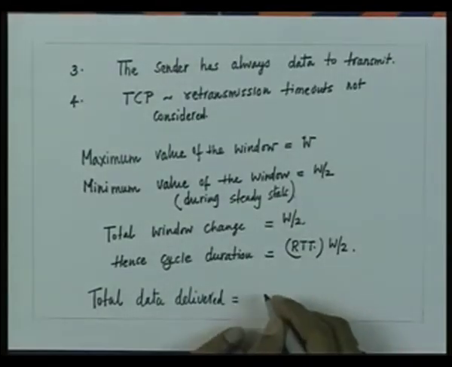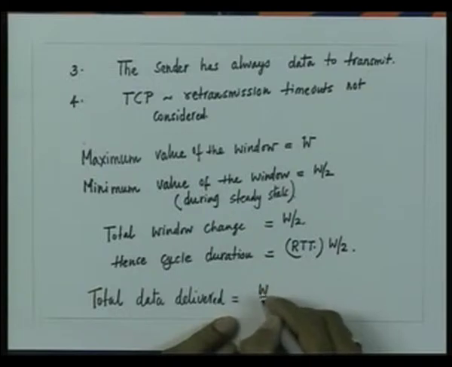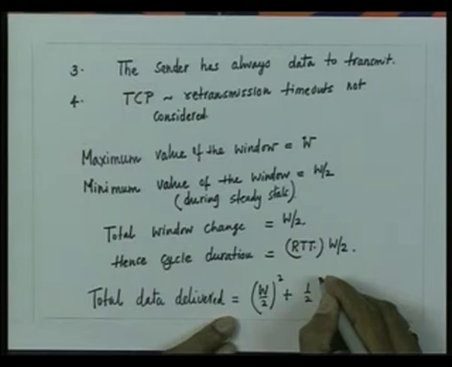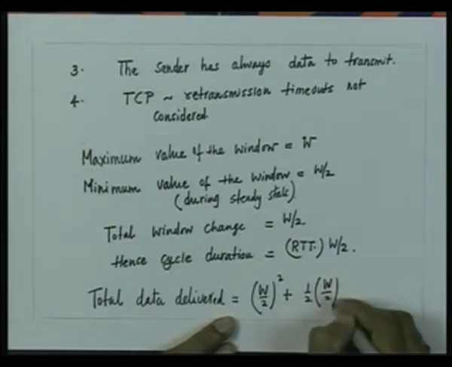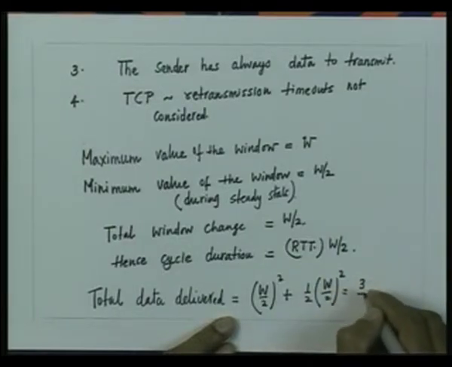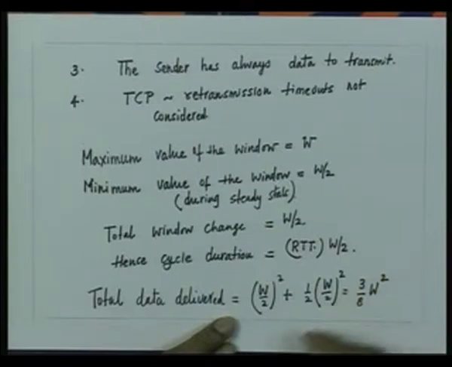So the total data delivered will be W by 2 squared plus half of W by 2 squared, which will be 3 by 8 W squared packets per cycle.